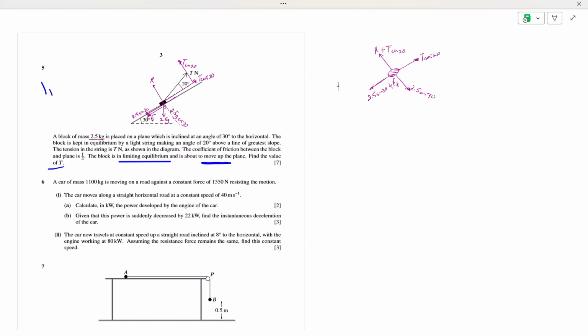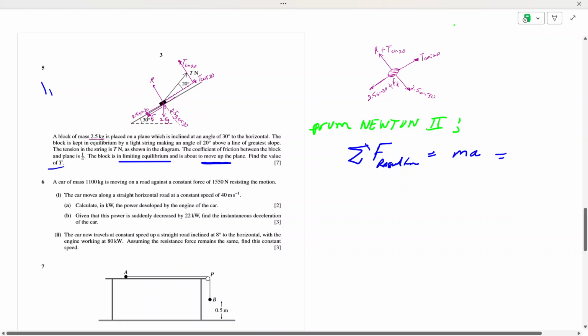So from Newton 2, we know that the resultant force, remember, force is a vector, so in this direction the resultant force is equal to ma, mass times acceleration.